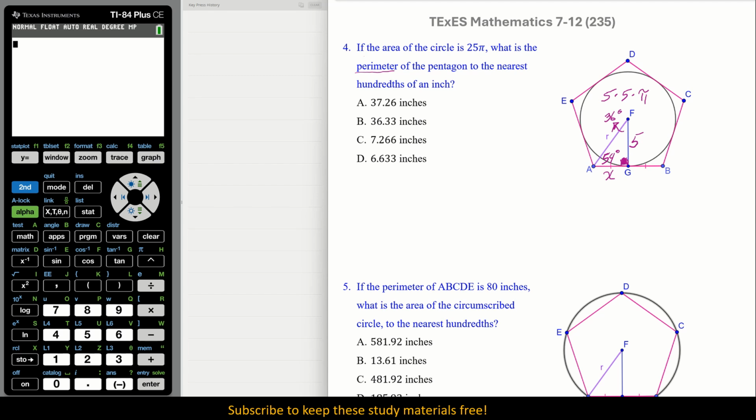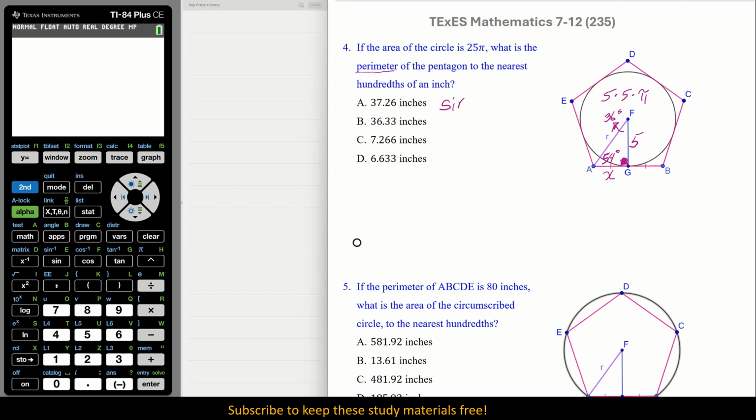Although in this case, a 90-degree angle will do us no good because we're not looking for that radius of the pentagon. We have the radius of the circle, so we're not looking for that particular side length. Okay, so what do we need to do to find x? Well, it's what we've been doing.